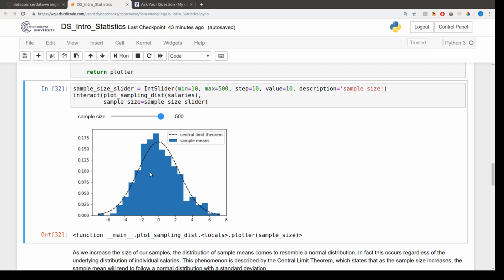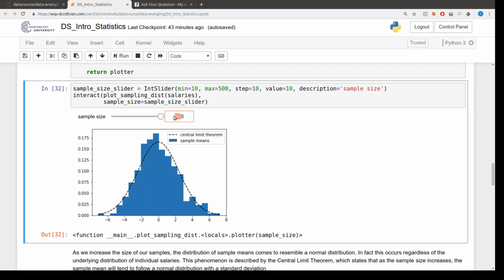So it tells us how narrow this histogram should be. How wide should it be? How spread out should it be? And we can see, for a sample size of 500, this histogram is spread more or less from -3 to 3, with a little bit of a tail out to about -6 to +6.